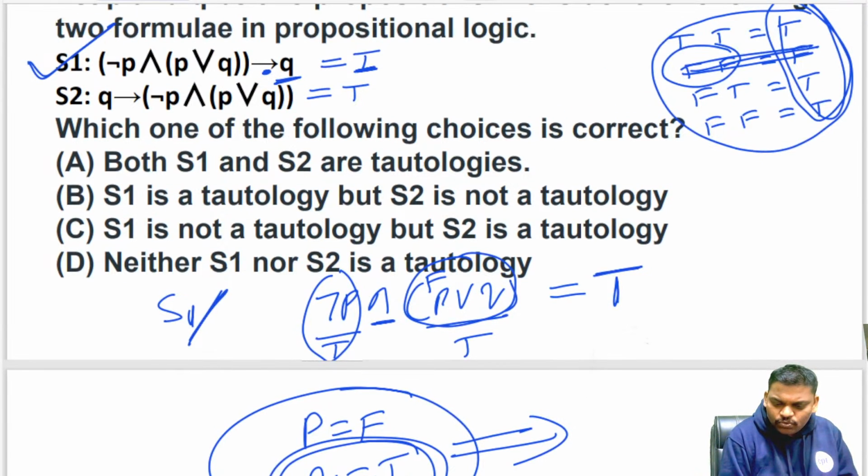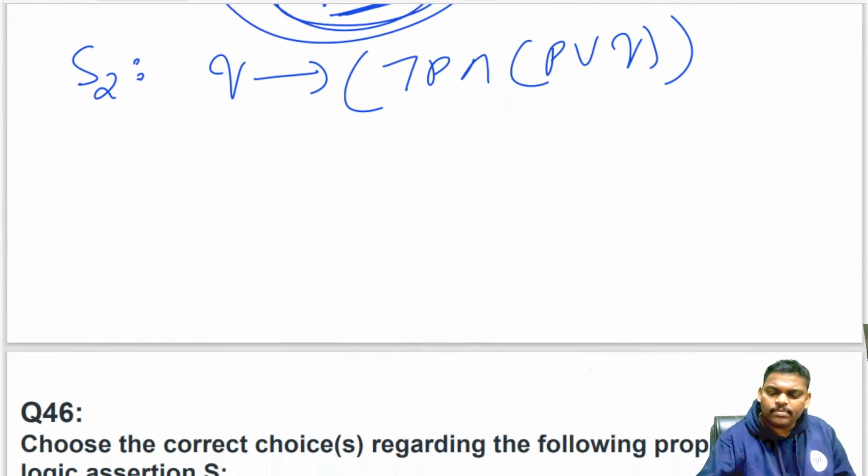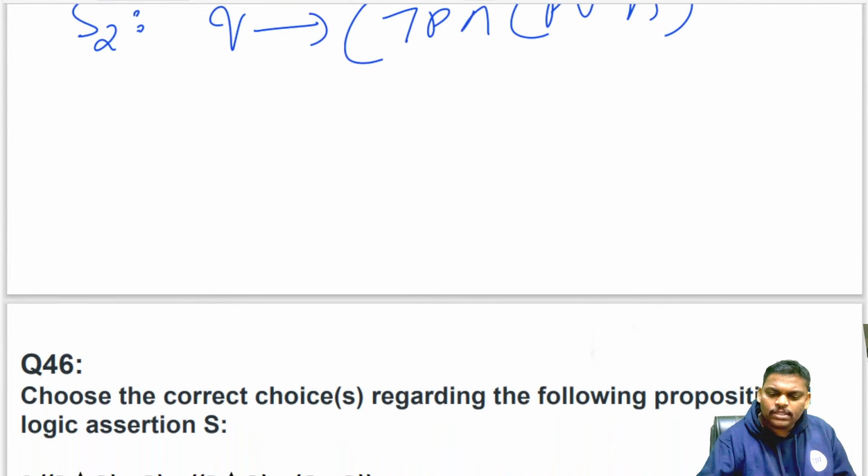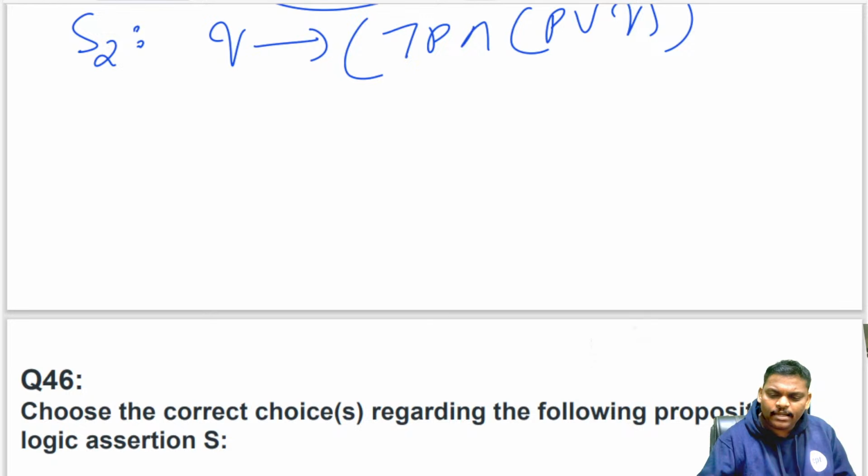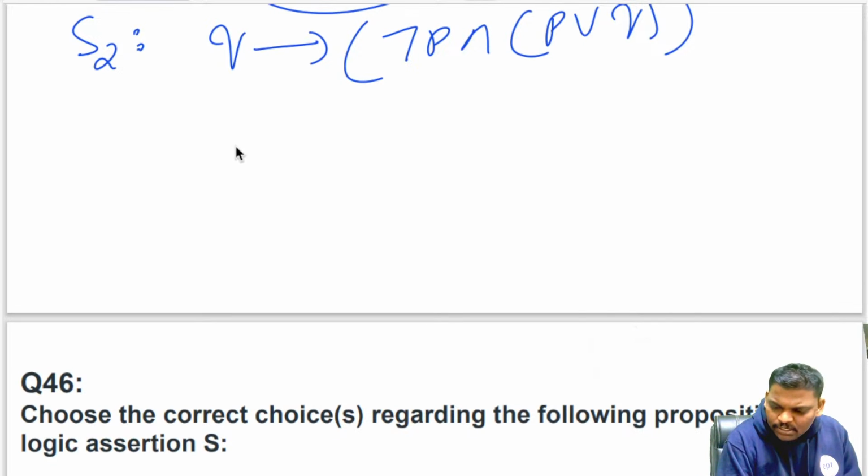Let me write S2: Q implies negation P and (P OR Q). Let me try S2 in a similar way. Let us assume the left side is true.